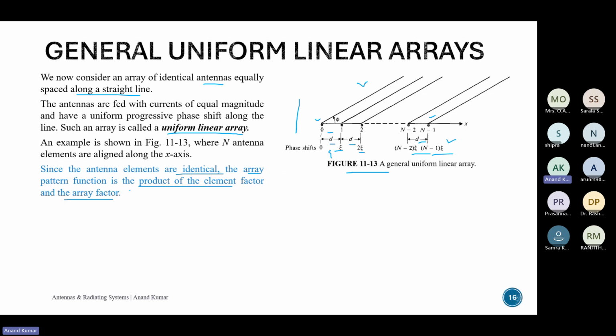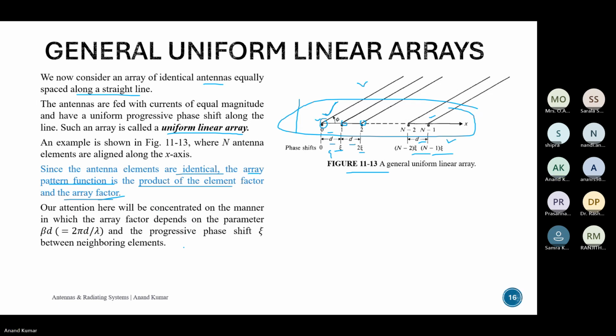We have an element factor for each of these elements, and then we can calculate the array factor, and the product of the array factor and the element factor will give us the pattern function for this entire array. The element factor depends upon the kind of element that we are taking over here. Let's just calculate the array factor.